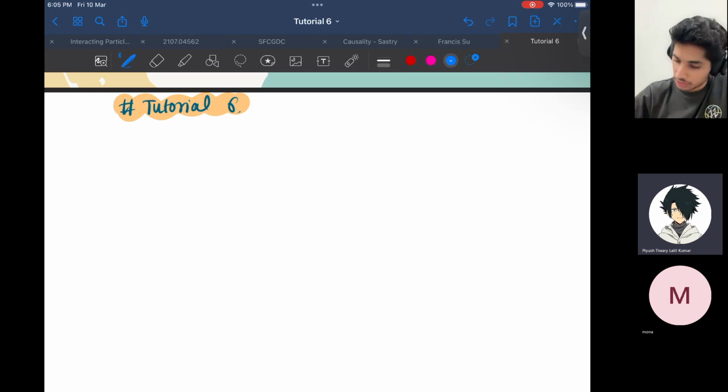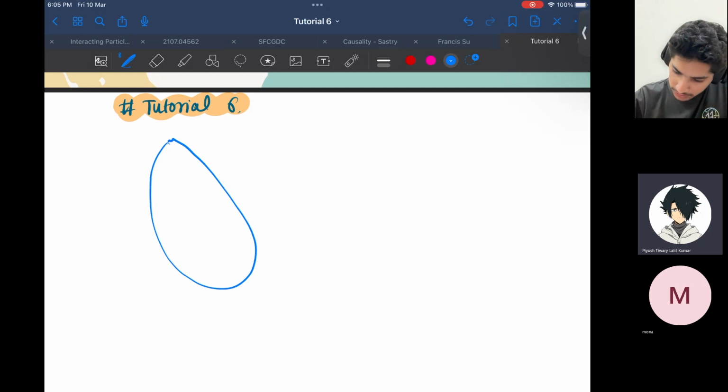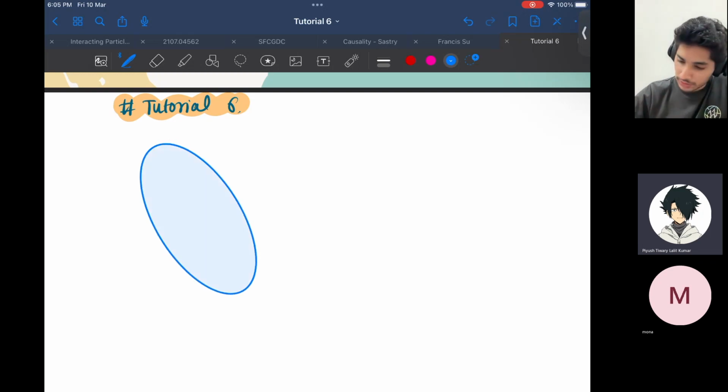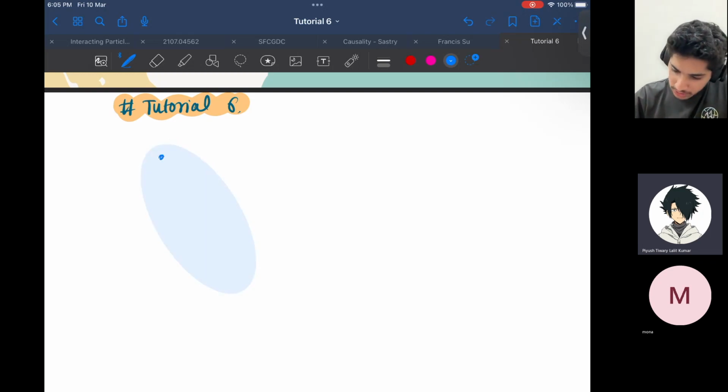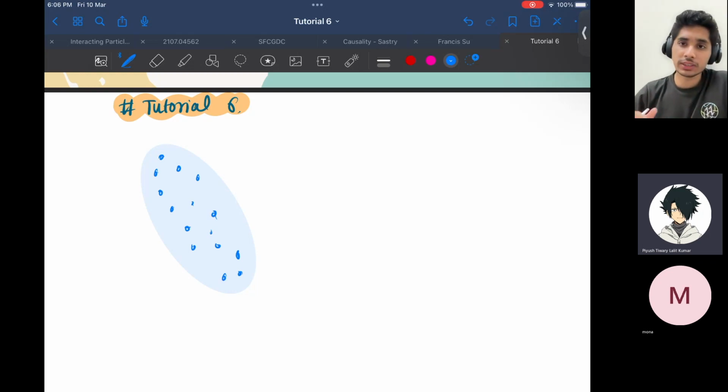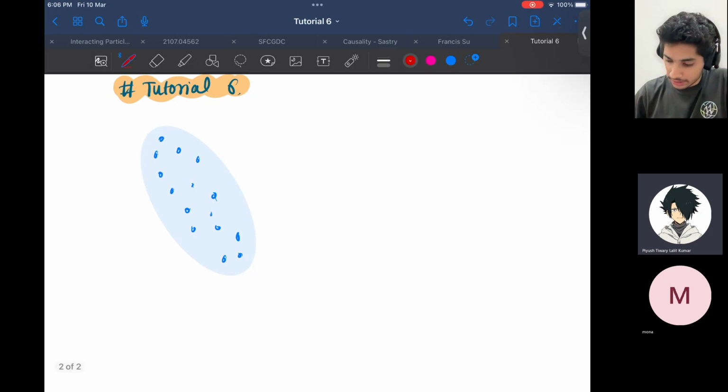So let us consider, let me first draw something. This is a sort of ellipse, and here are your data points. What PCA will basically do is capture the directions of maximum variance, right? And what are the directions of maximum variance in this particular diagram?